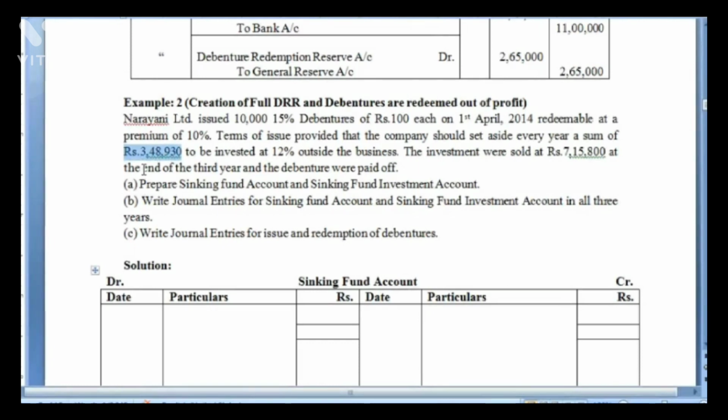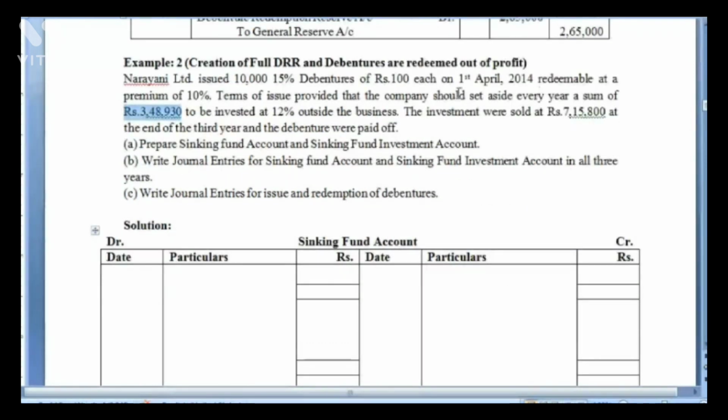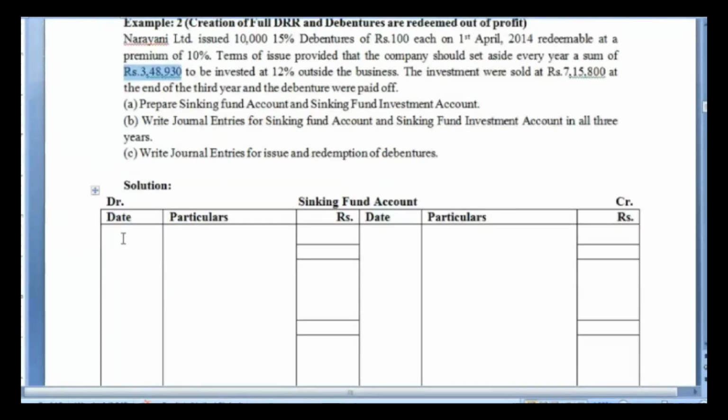So now the debentures were issued on 1st April, so our accounting year completed on 31st March. So on 31st March, first of all, you transfer this amount to DRR account, sinking fund account. Sinking fund is another name of DRR, or it is also known as DRF, Debenture Redemption Fund.